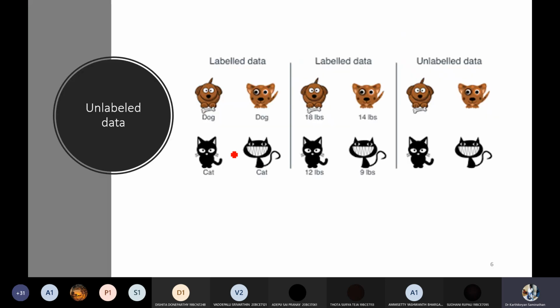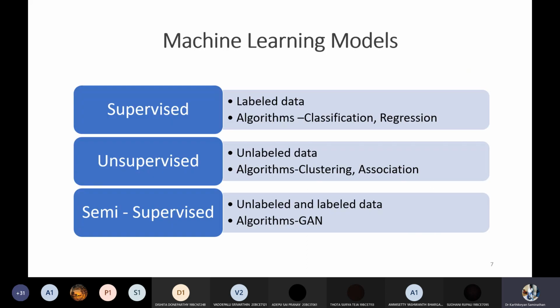That is unlabeled data. Here we are unable to identify this image with the help of any feature, data or labels. Such things we call unlabeled data. Now how will we do prediction? Based on the observations, we will do predictions here. That is labeled data and unlabeled data.